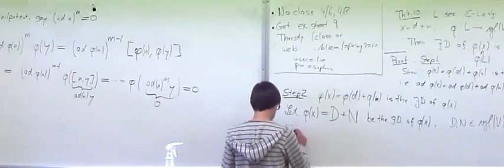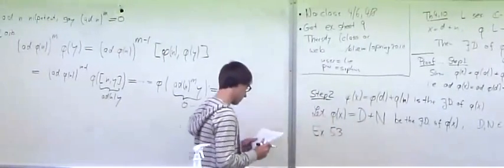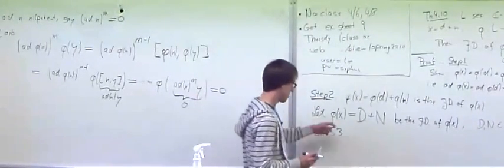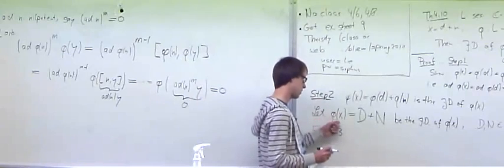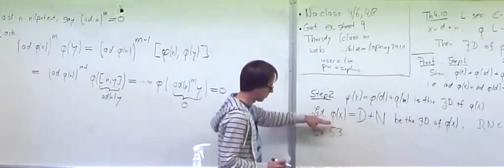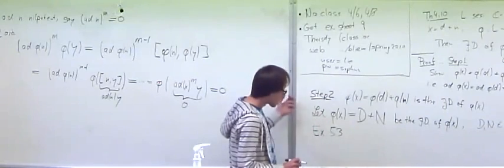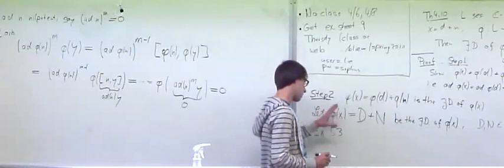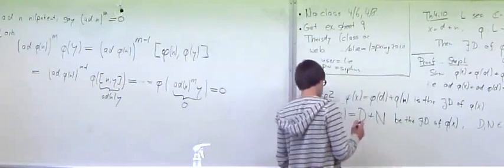now I use something you did as an exercise, exercise 5.3. There you showed how to compute the Jordan decomposition of ad of something from the Jordan decomposition of something.